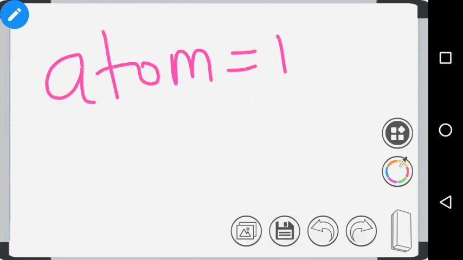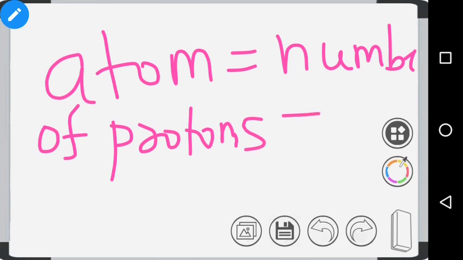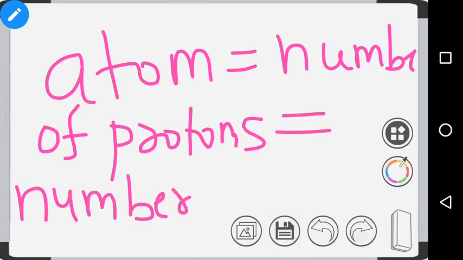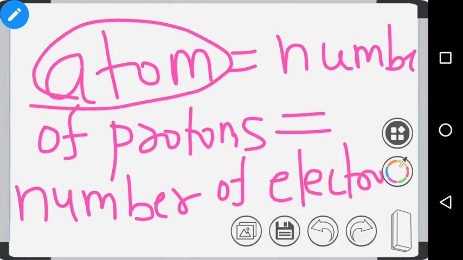So in an atom, the number of protons is equal to the number of electrons. Always, in an atom, the number of protons is the same as the number of electrons.